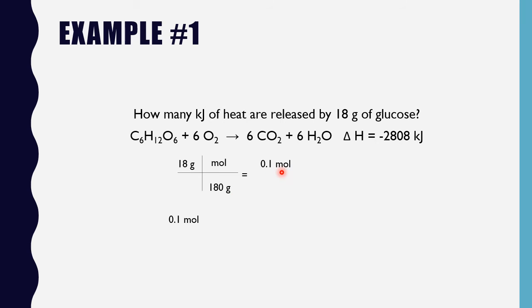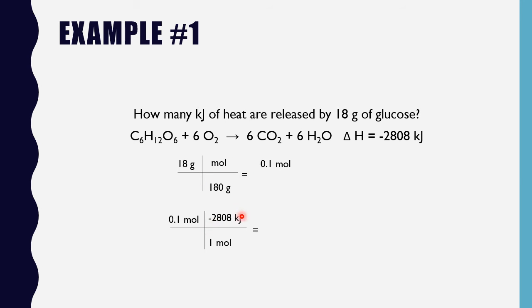Now that it is in moles, I take the 0.1 moles and I use the delta H, which is the kilojoules per the amount of moles in my substance. In this case, I have 1 mole in front, so it's this amount of kilojoules per 1 mole. So 0.1 moles, which is from the previous calculation.